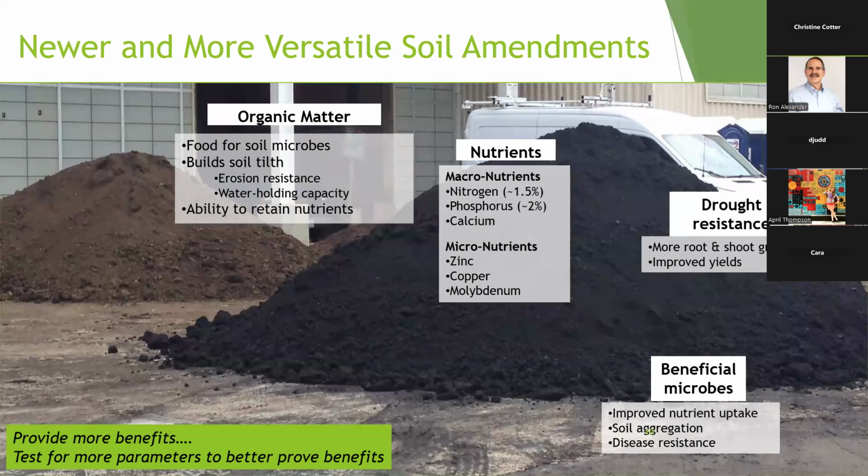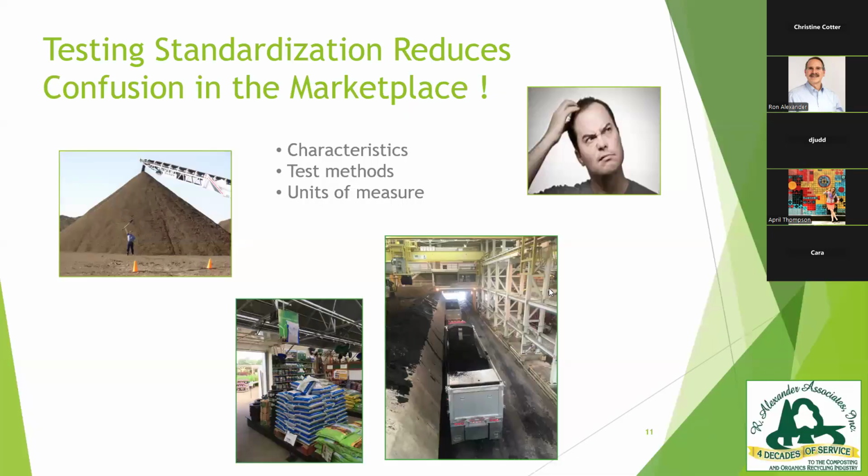Beneficial soil microbes, and there are certain products like Bloom that actually have some interesting drought resistance characteristics in them. So the fact that we have new benefits or more benefits to these soil amendments is one of the reasons why we test them a little bit differently than we used to.